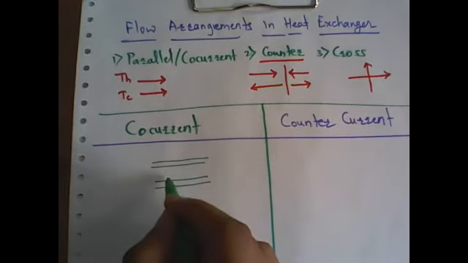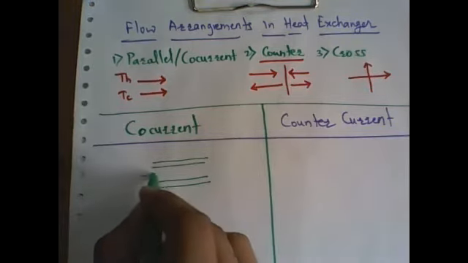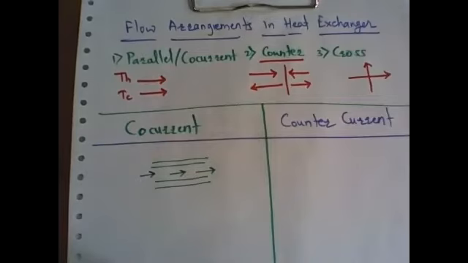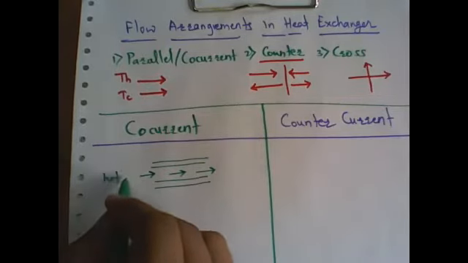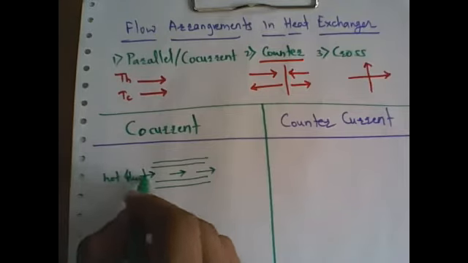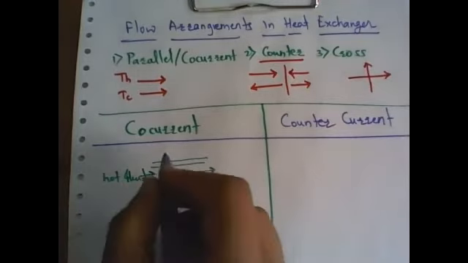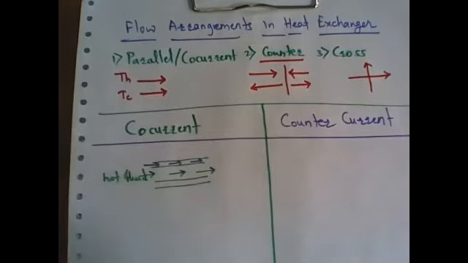So this is the inner part and this is the outer part, right? So I can show the direction of one of the fluids. For example, if it is hot fluid, the hot fluid is flowing in this direction, and in a similar manner, the cold fluid is flowing outside the tube.